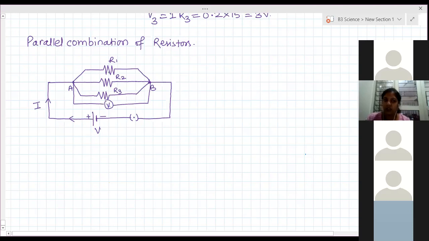This means across each resistor in parallel combination, potential difference remains constant.